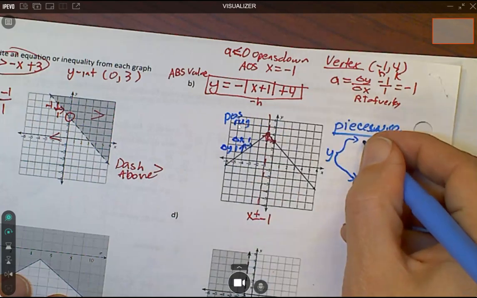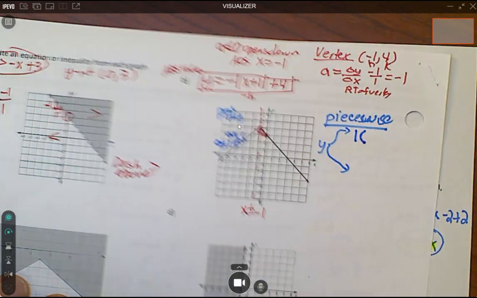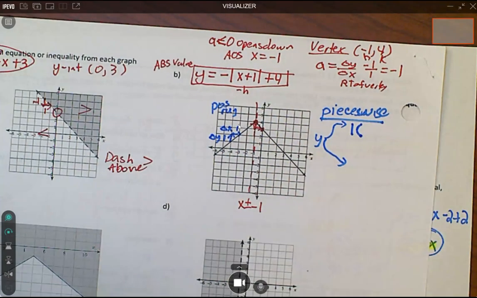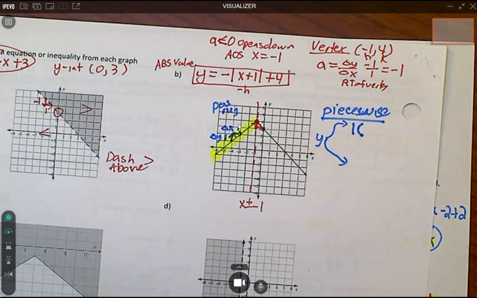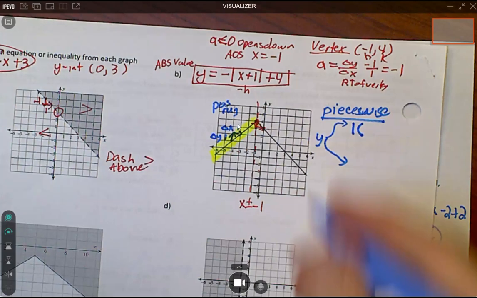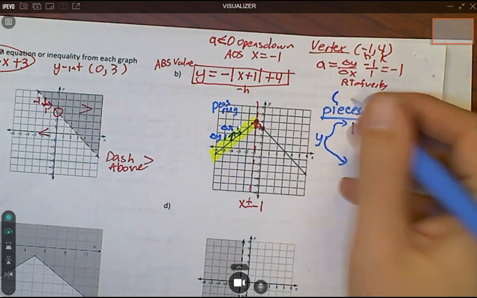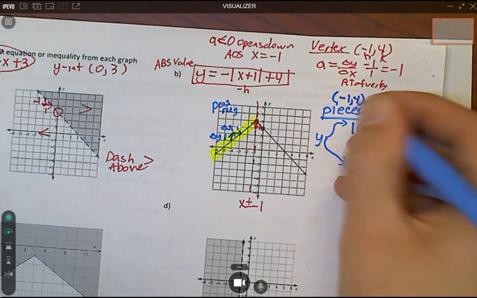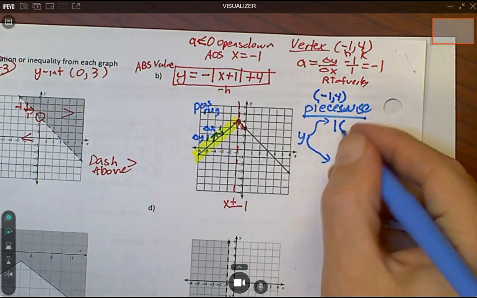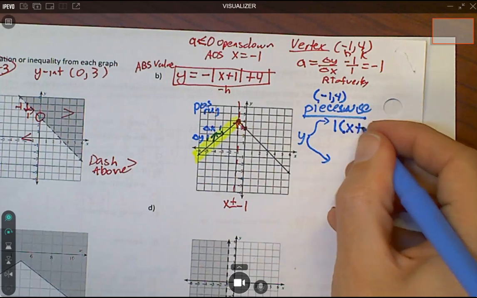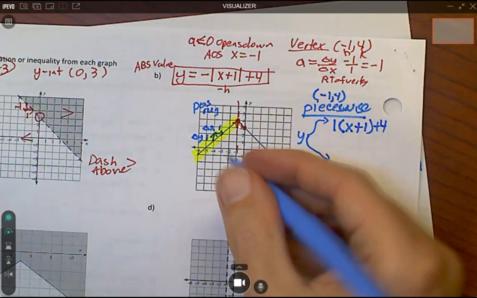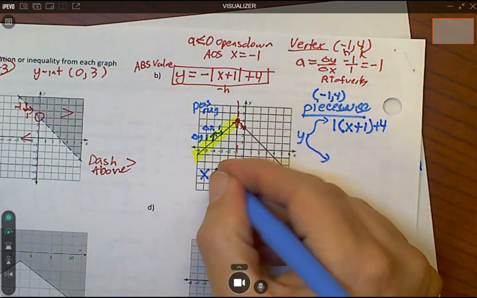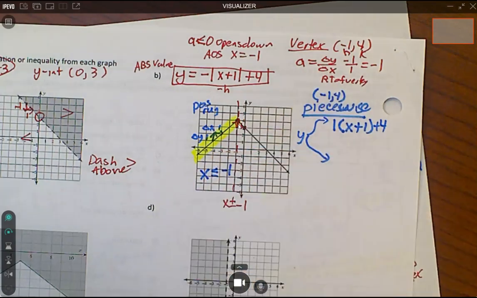So it'd be 1 times, and we're only talking about this piece, which is linear. We're going to use the vertex in our piecewise definitions. So you go y equals 1 times (x plus 1) plus 4, and the x's here are less than or equal to -1.